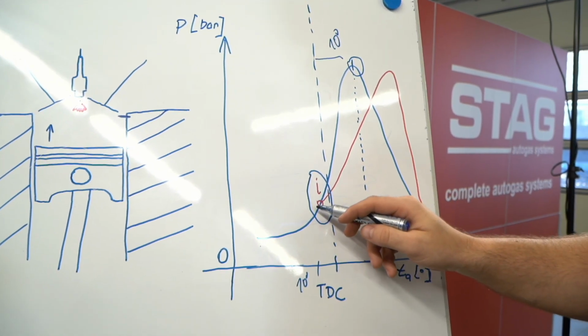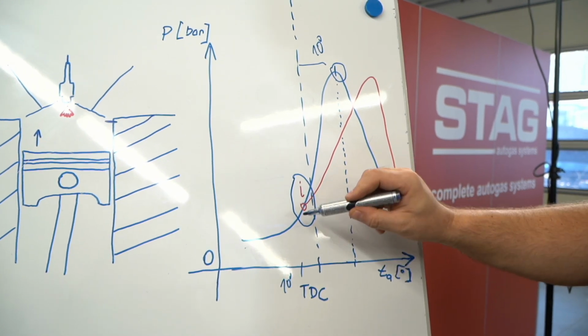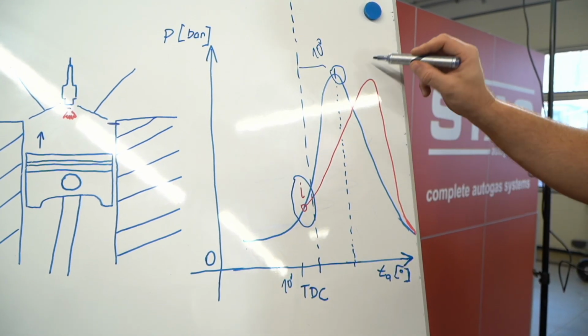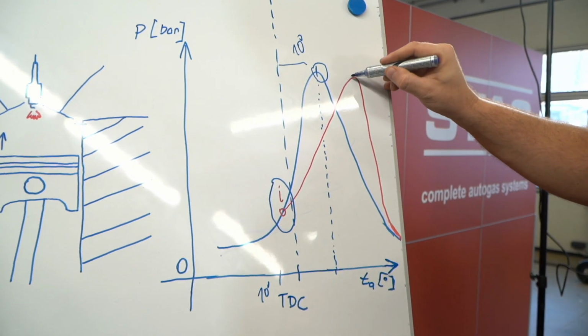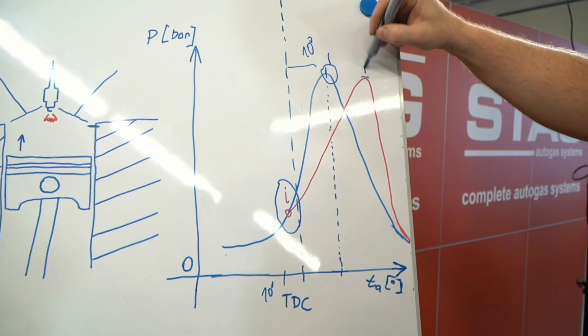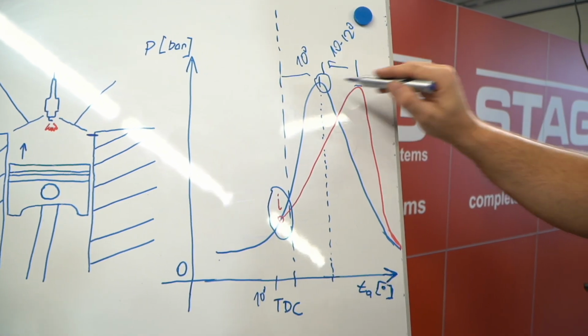If we change the fuel type, because for example LPG or CNG burns for a longer time, the time of reaching the highest pressure in the cylinder also moves another 10 or 12 degrees after TDC.